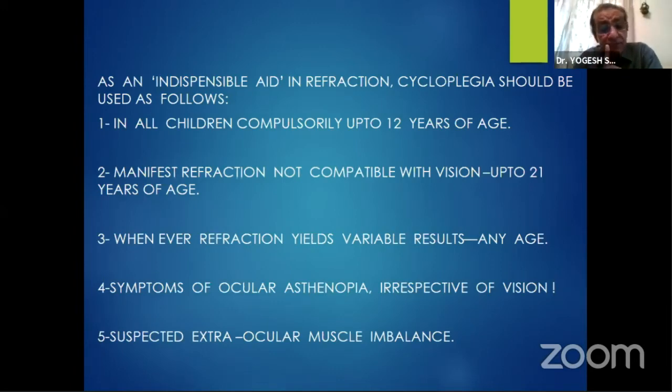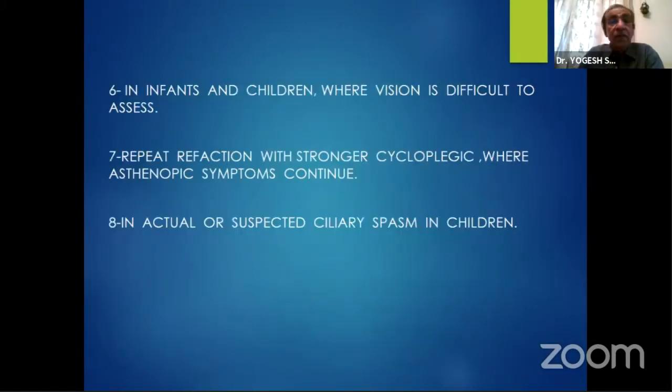Now, suspected extraocular muscle imbalance, in all cases of phoria, because you are testing in a child, and if you find a phoria, even if not tropia, phoria, go for a full cycloplegic refraction. Then in infants and children where vision is difficult to assess, a lot of 2 years, even with Allen's or even with, I have Teller's cards also with me.